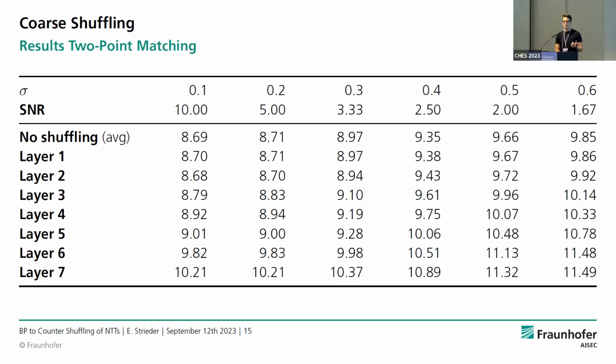In the later layers, as I said before, the twiddle factor blocks are getting bigger, and therefore you have some inherent noise there because the matching process is getting worse. So for the first layers, we are able to match the measurements pretty well again.